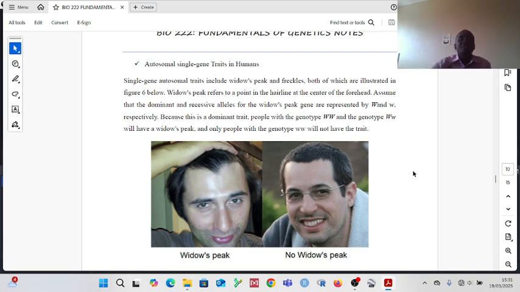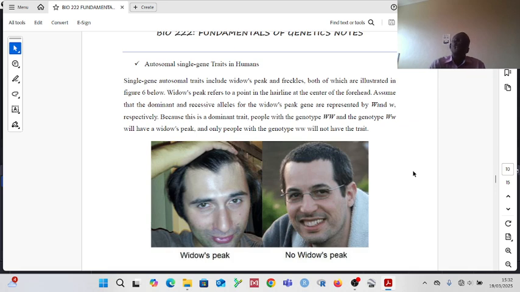So if we assume, for example, that the dominant and recessive alleles for this widow's peak are represented by capital W and small w, capital W is dominant, small w is recessive.